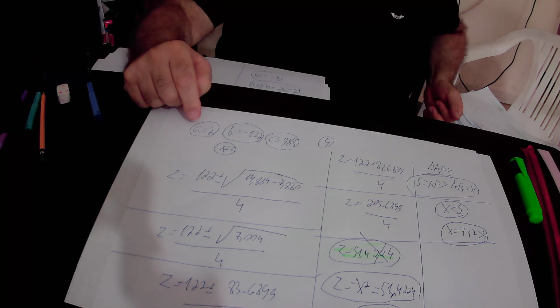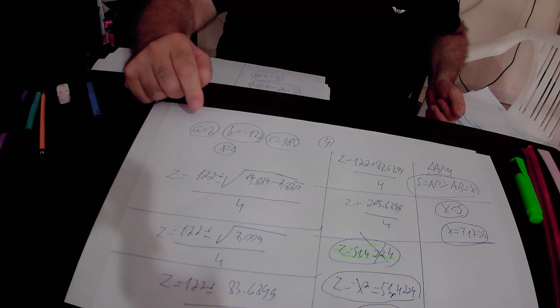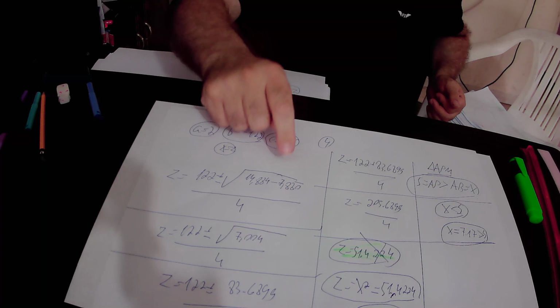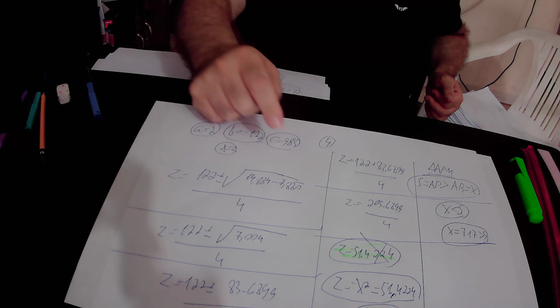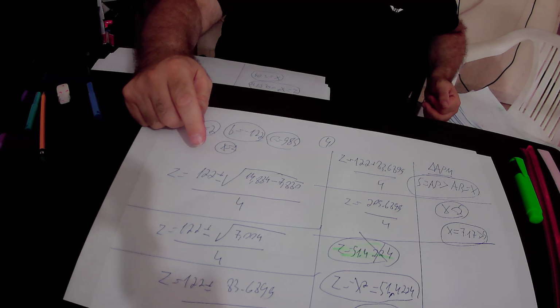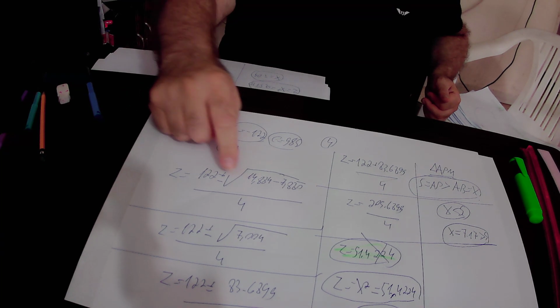A is 2, so minus 4 times 2 is minus 8, times c. C is 985, therefore minus 8 times 985 is 7,880, all divided by 2a. A is 2, so 2 times a is 2 times 2, that is 4.